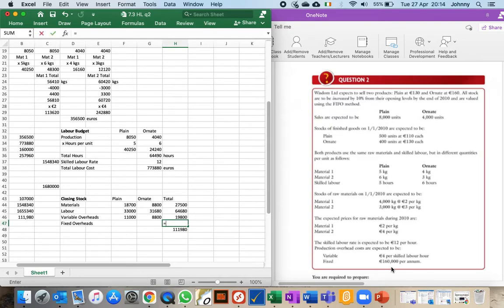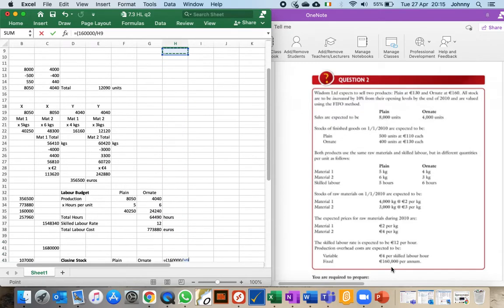So I'm going to start by putting in, so I'll put this in brackets, so 160 divided by my overall production. And we had worked that out already way up here somewhere. These are the total number of goods that I'm going to actually produce. Okay?